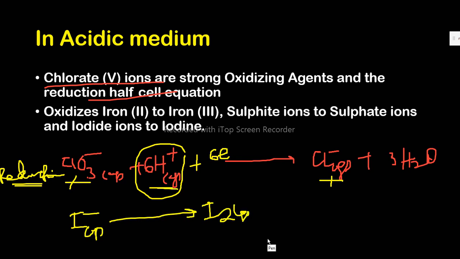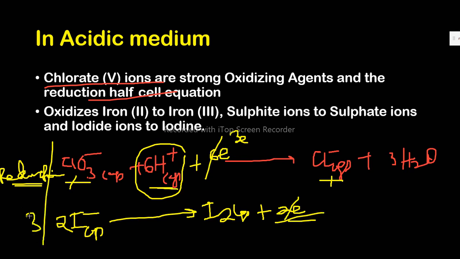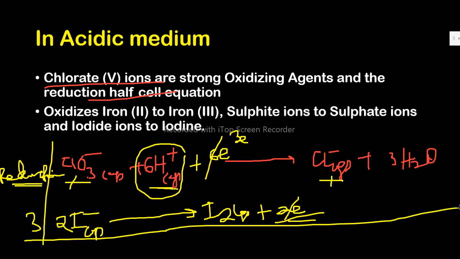And then you balance the equation by putting a 2 here, and then you add the 2 electrons to balance the charges. So then we shall cancel out the electrons, and this one remains 3 electrons. So we shall multiply the whole of this by 3. And what you write will be the final equation.